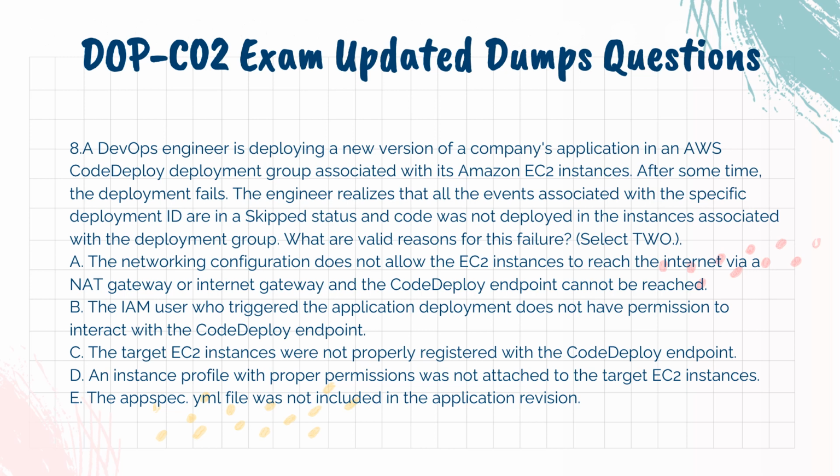C. The target EC2 instances were not properly registered with the CodeDeploy endpoint. D. An instance profile with proper permissions was not attached to the target EC2 instances. E. The appspec.yml file was not included in the application revision.